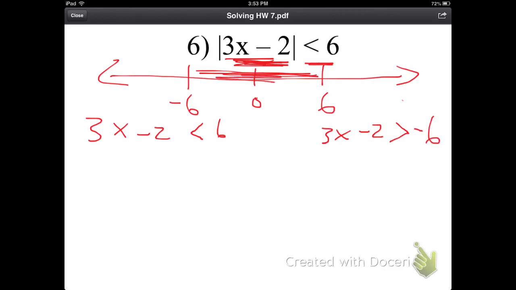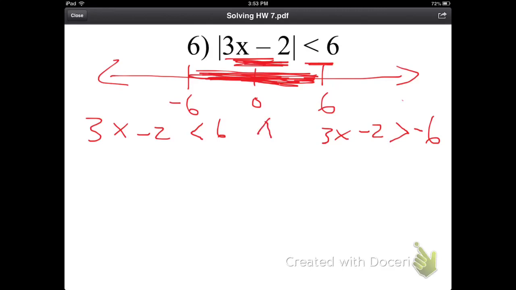Okay, you notice between negative 6 and positive 6. Anything outside that range isn't okay. Okay, so when you see this, you notice both of these things have to be satisfied. It has to be less than 6, and it has to be greater than negative 6.